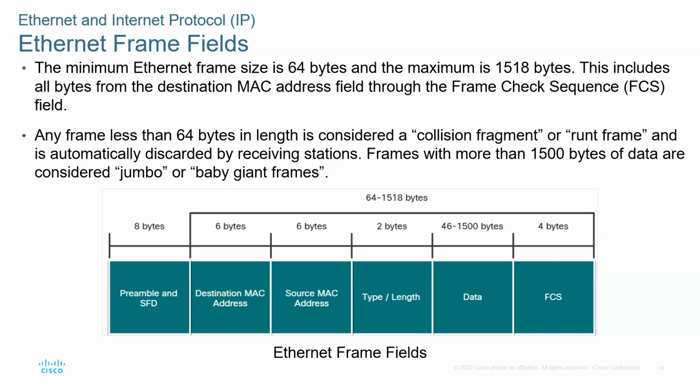Please write these 2 bullet points. That's important. Anything larger than 1,500 bytes is considered a jumbo. Or anything less than 64 bytes, which is when you add 6, 6, 2, 46, and 4, is called a fragment or a runt frame. That's something good to remember for down the road.